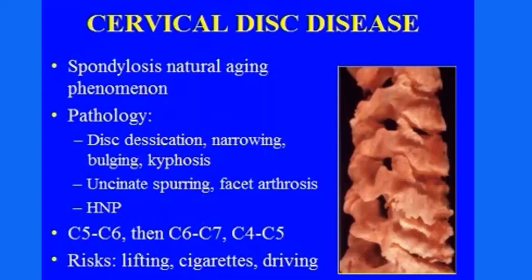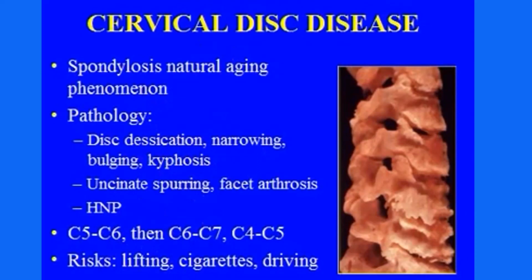With time, you have desiccation, you have narrowing, you have bulging, you have kyphosis, you have loss of lordosis. When we have loss of lordosis, it limits us. Mind you, it's easier to go and operate from behind, but we cannot operate if we have loss of lordosis, unless we have to use some sort of fixation.